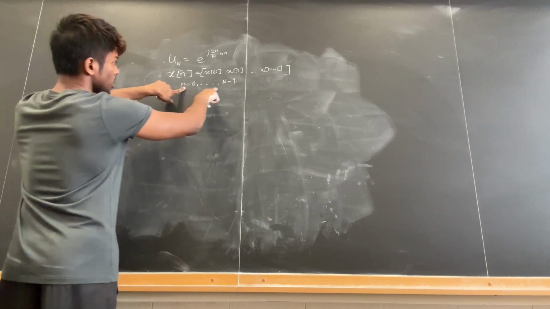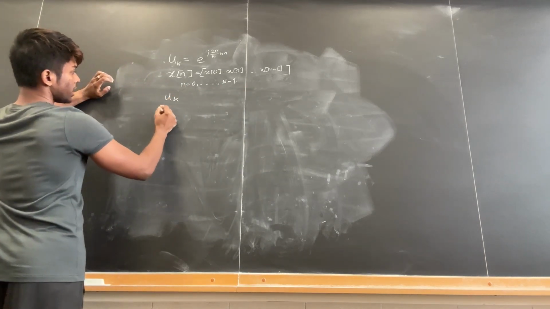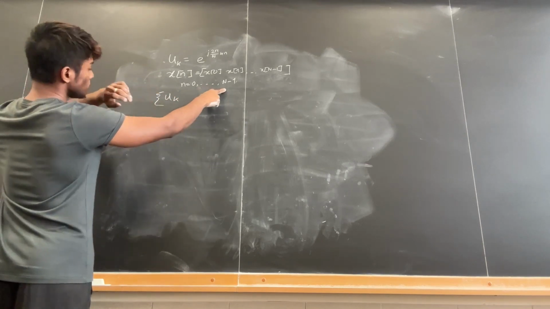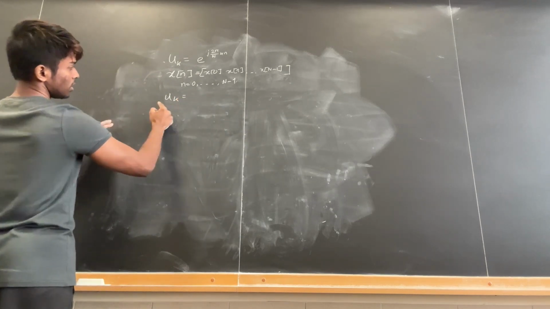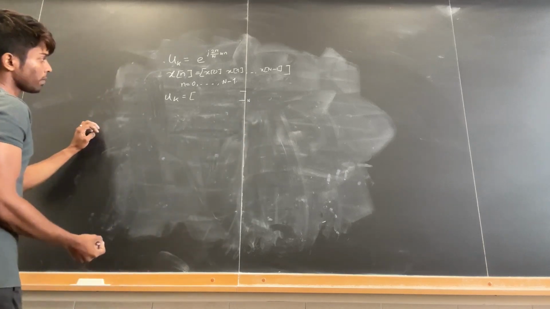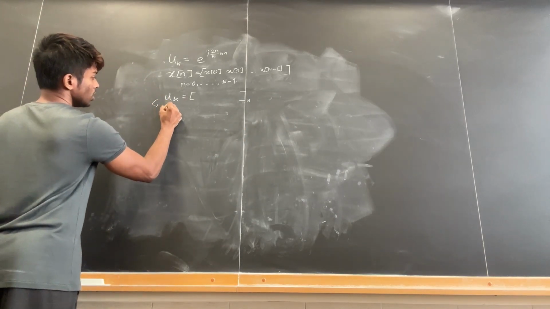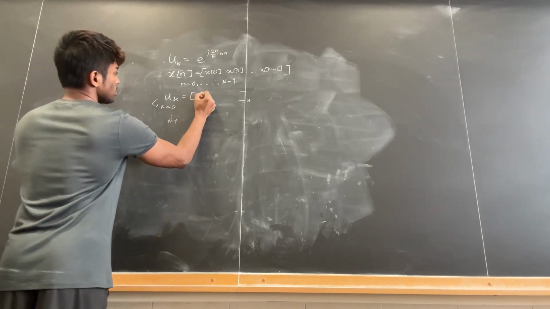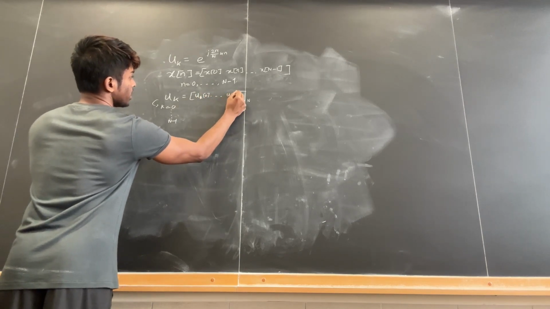So for these values of n, we should have a basis set where uk should have certain values for n equal to 0 to N minus 1. So uk as a whole is an N-dimensional vector. Okay. Now the k can also vary from 0 to N minus 1. So we have uk[0] up to uk[N minus 1].